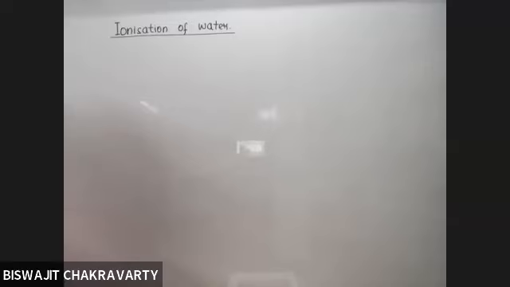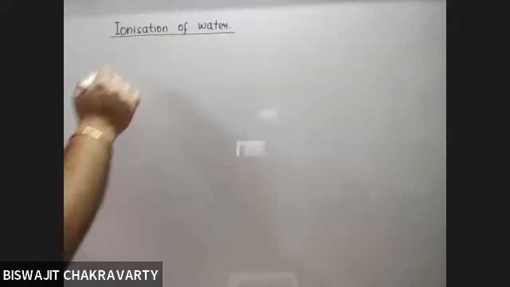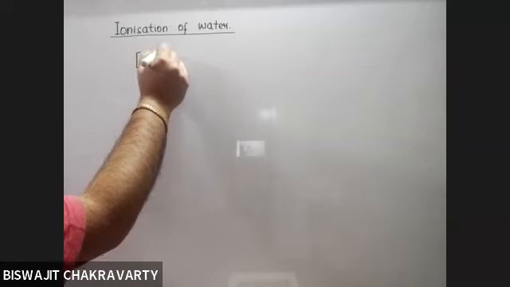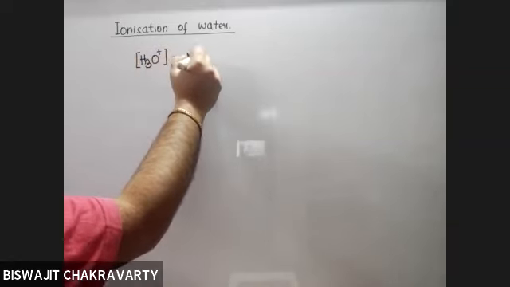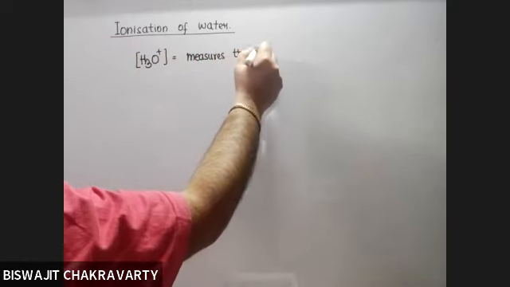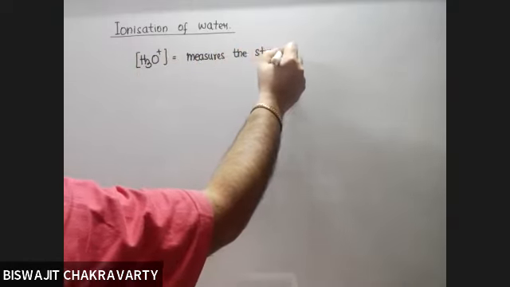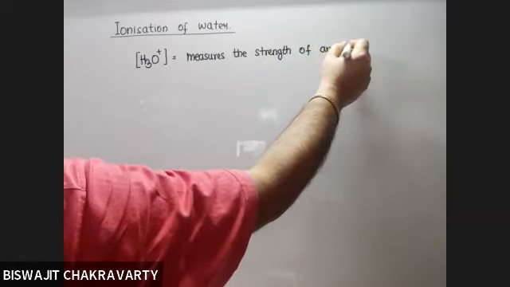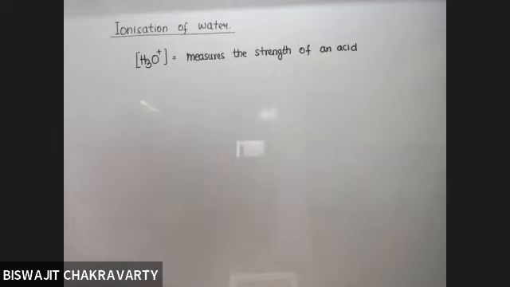Now remember one thing, that when we talk about an acid, acidic characteristic is measured in terms of hydronium ion concentration. It measures the strength of an acid.